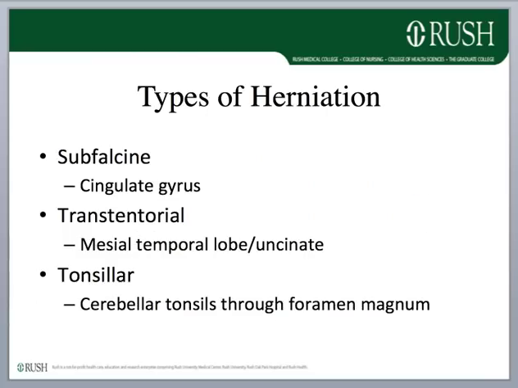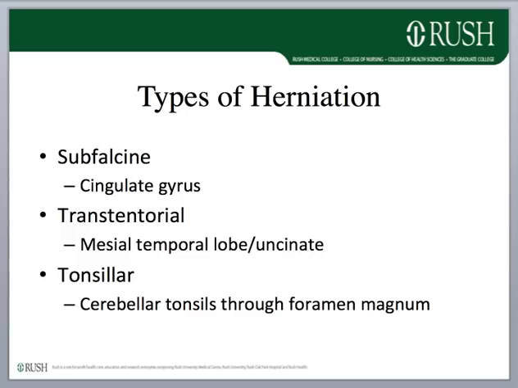There's three types of herniation, which are based upon the anatomic location of the herniation and the rigid structures that are involved in impinging the brain tissue. So there's subfalcine, which involves the falx, and the area of the brain which herniates is typically the cingulate gyrus.